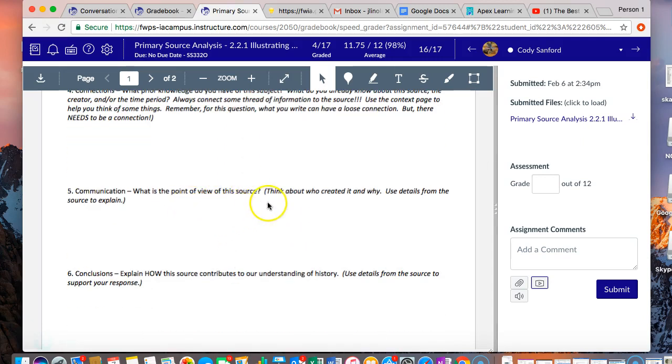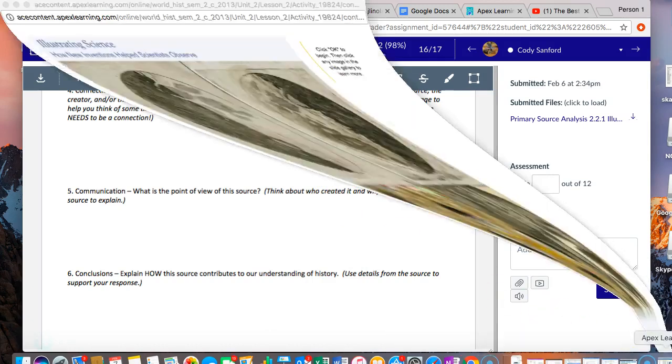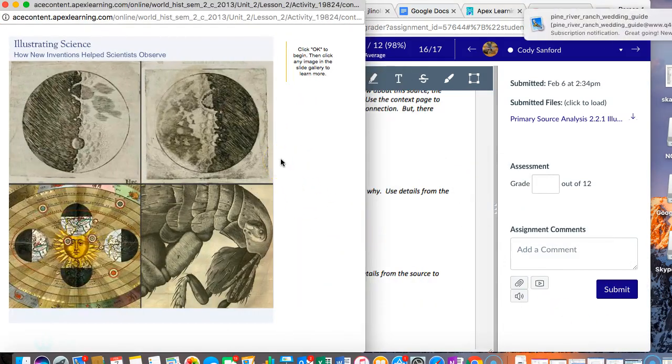And what's the point of view of this source? So I said here, think about who created it and why they did so, okay? So let's pull that up again. Who created this source? That was Galileo. Is there a point of view? Not really a point of view. So the way that you can answer that is Galileo was looking at the moon from the earth and sketching what he saw from the earth.